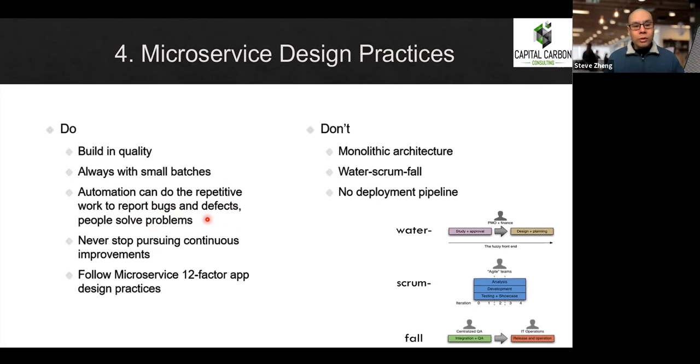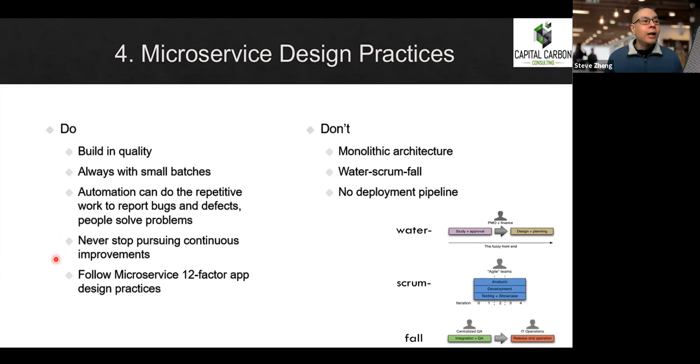So don't use your developer to do the repetitive work of finding the bugs. We need to have a platform. All the bugs and the defects can be found automatically. Okay, so that is the meaning of automation: do the repetitive work, and people solve problems.